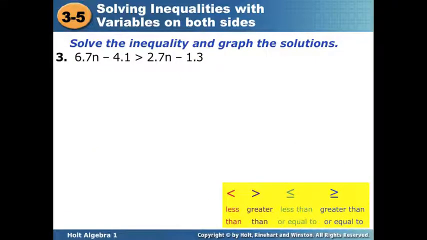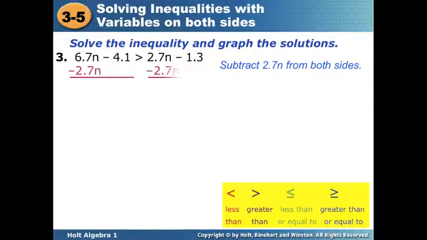Example number 3. Copy this to your notebook paper. First, we're going to subtract 2.7n from both sides. 6.7 take away 2.7 is 4, or 4.0.